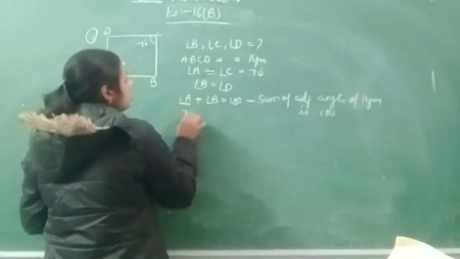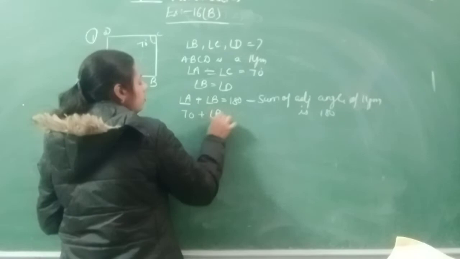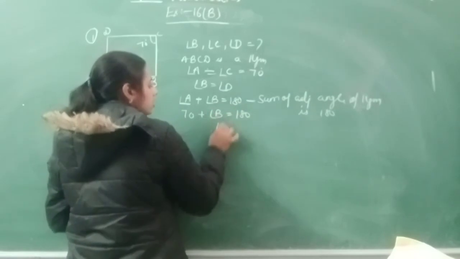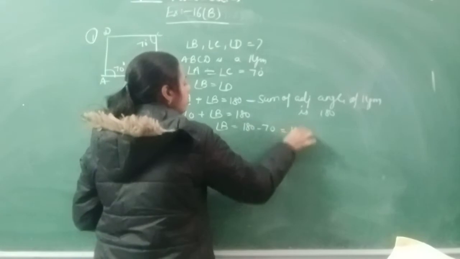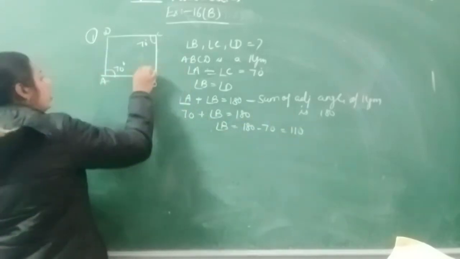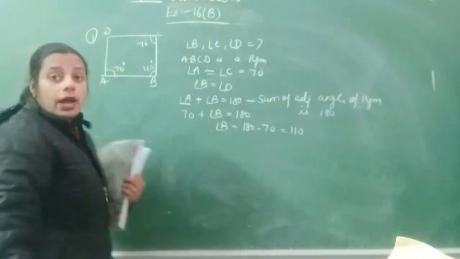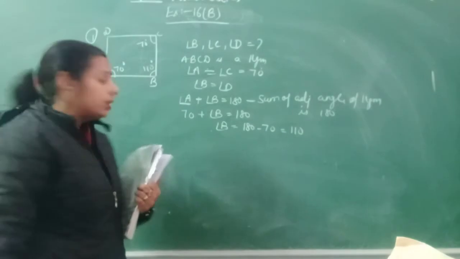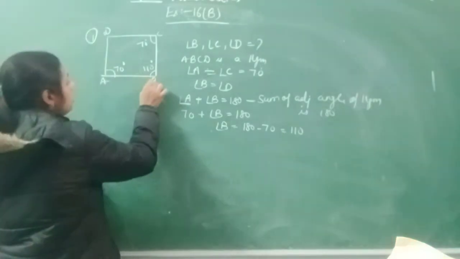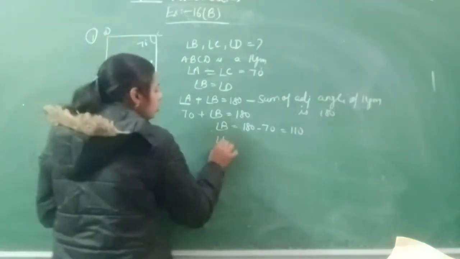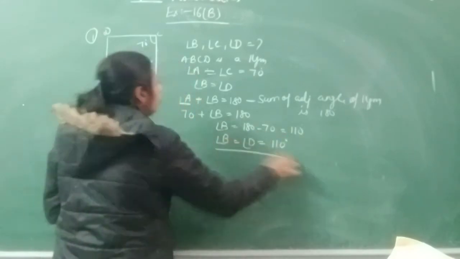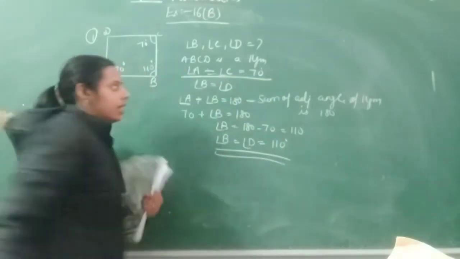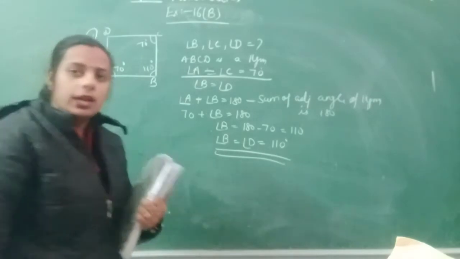Angle A is 70, so angle B will be 180 minus 70, that is 110. If angle B is 110, as the opposite angles of a parallelogram are equal, D is also 110. In this way we got all the angles, angle A, angle B, angle C, and angle D.